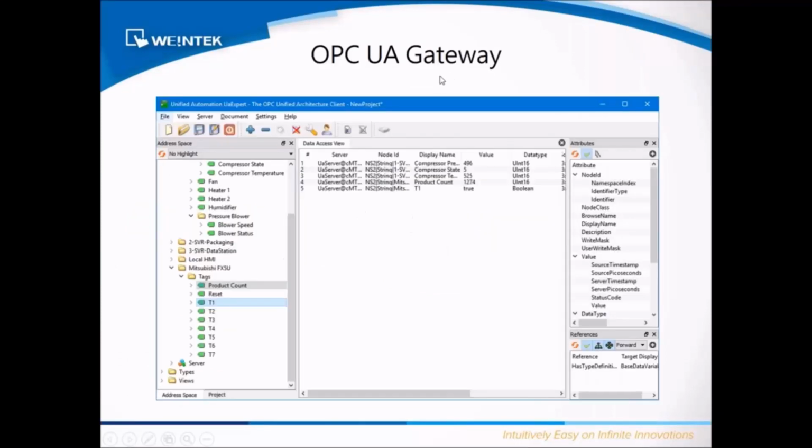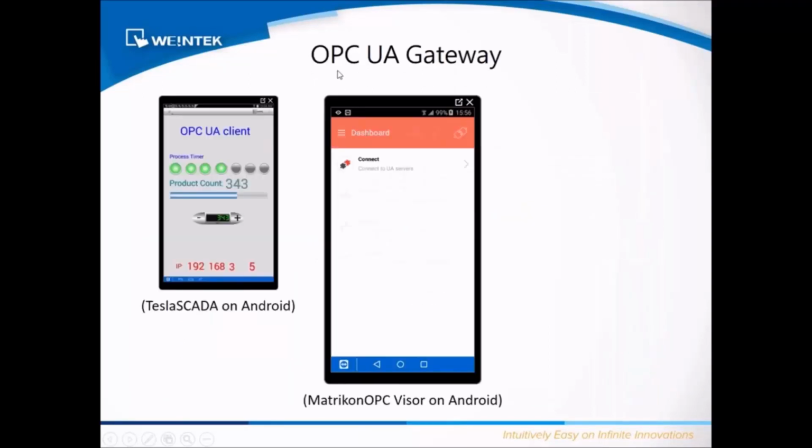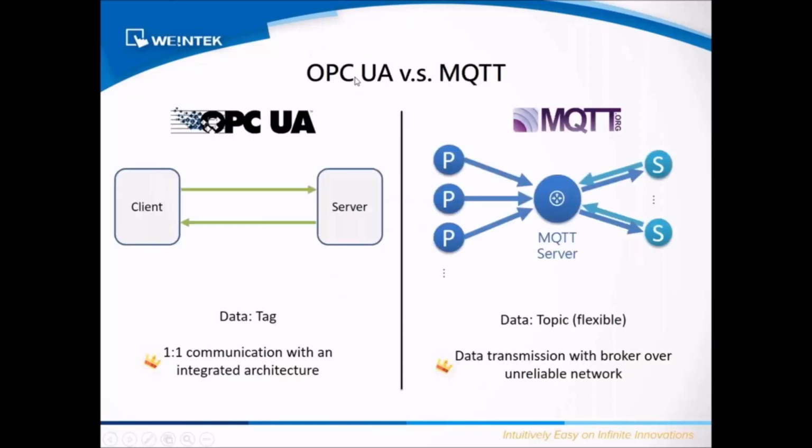All right. So let's go back to the slide, and this is Windows, and this one is Android. Okay. So if you have watched our another video which talks about MQTT, so right now you understand OPC UA, but you may be confused about which one to use when you want to retrieve data or monitor different systems.